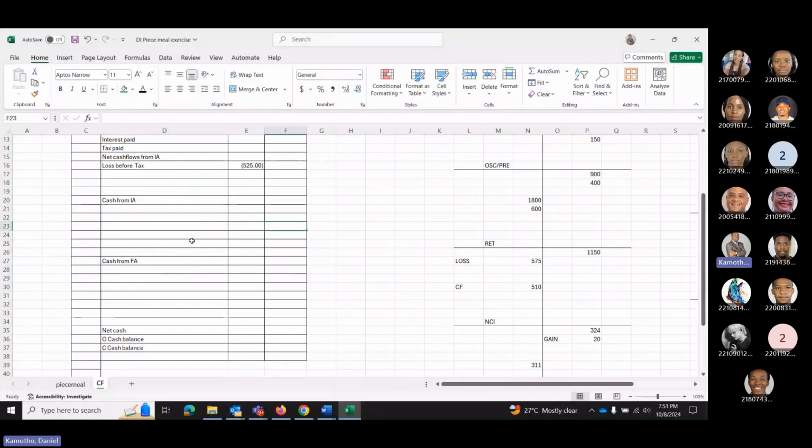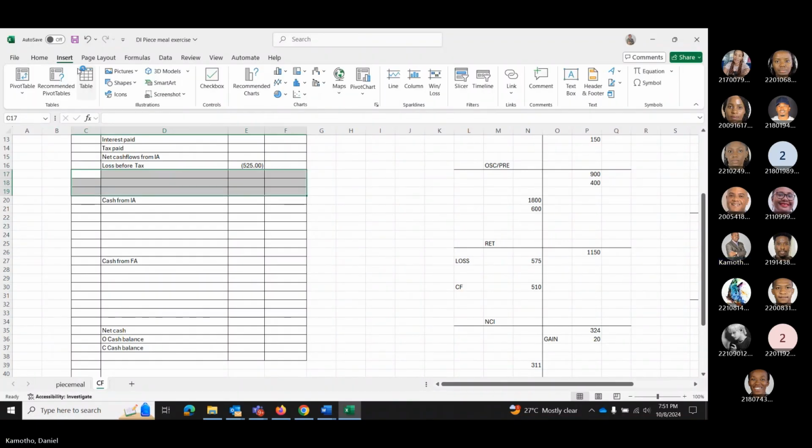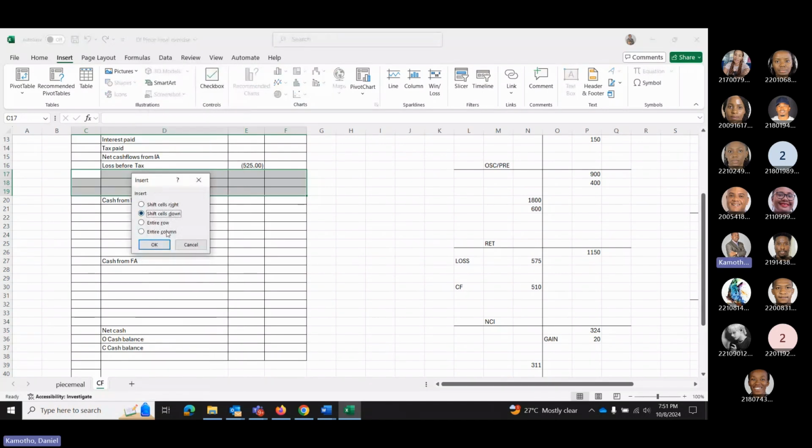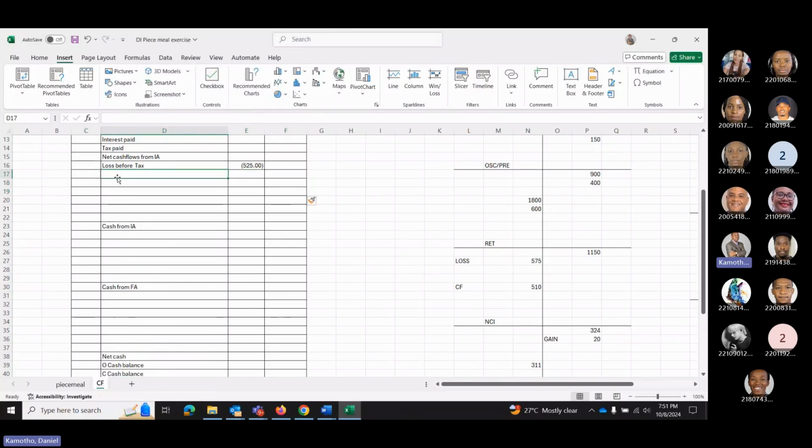Okay, so I start from profit before tax. Then we add non-cash items. How do we know the non-cash items? First, if there is interest, we look at it.